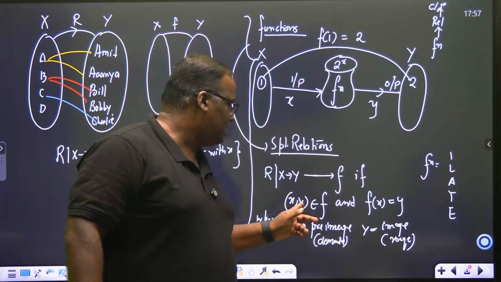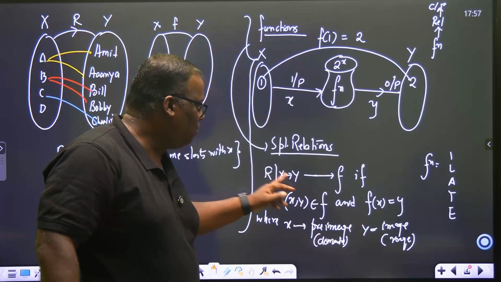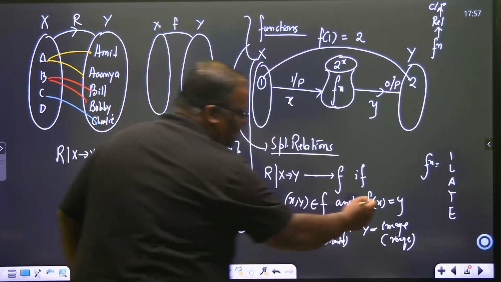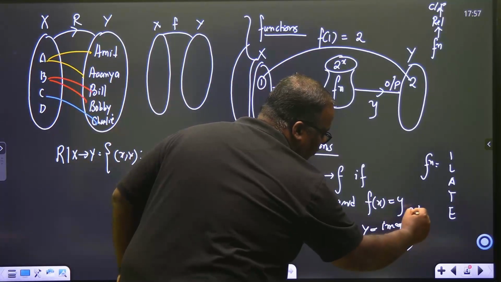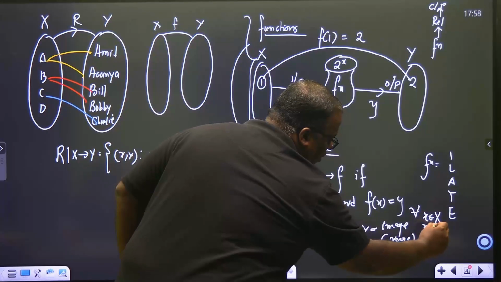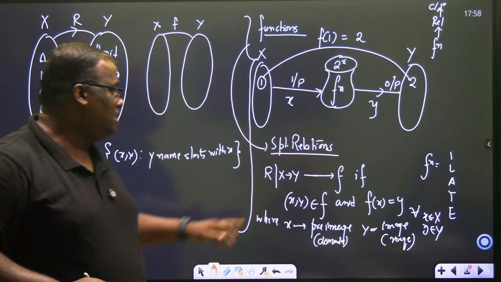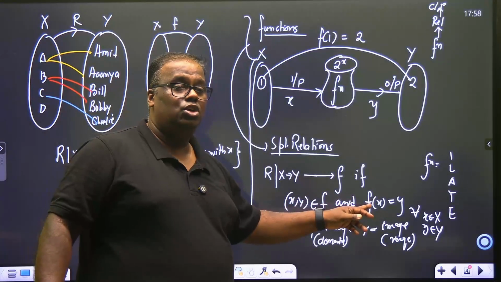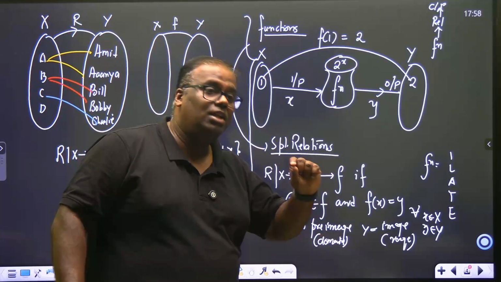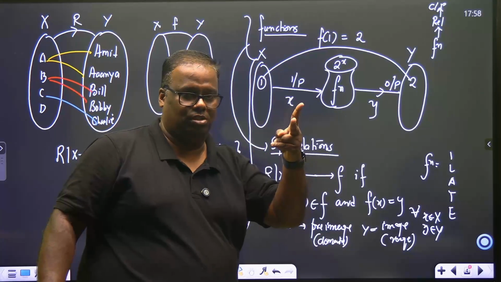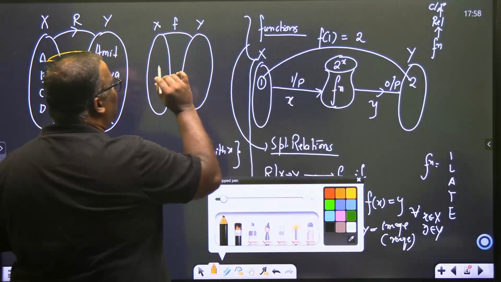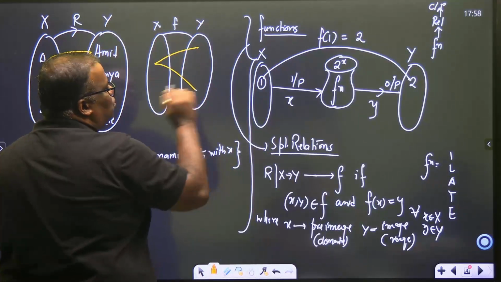We say a relation from X to Y is a function if (x, y) belongs to the function and f(x) equals y, for every x belonging to X and every y belonging to Y. The unique thing is, for every input you should get a unique output, right? Means for one input you cannot get two outputs. In functions, now this is the crude part of mathematics, in functions this drawing is possible.